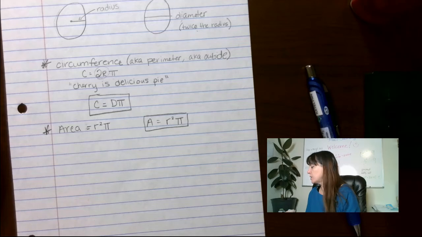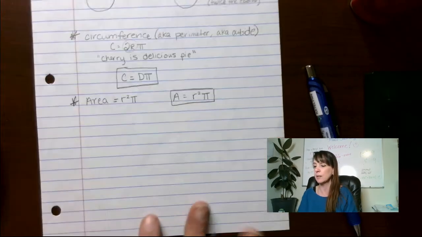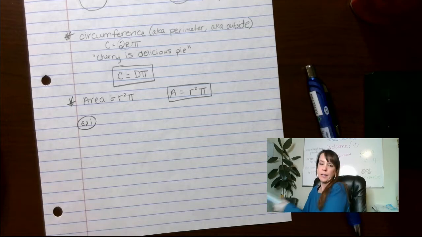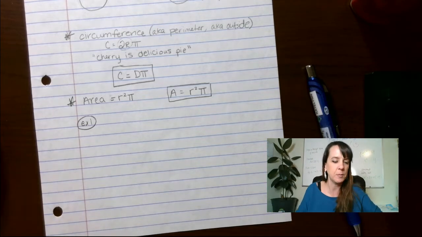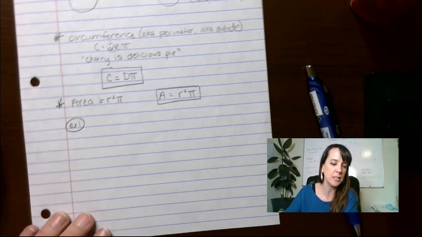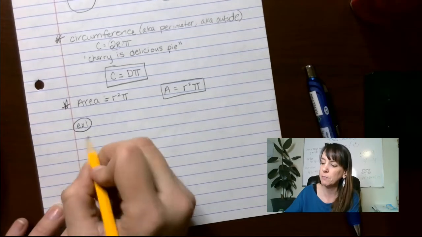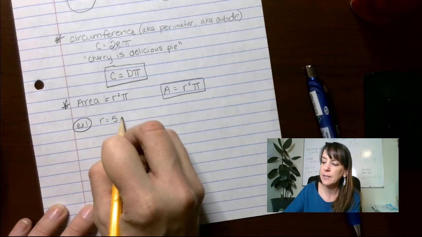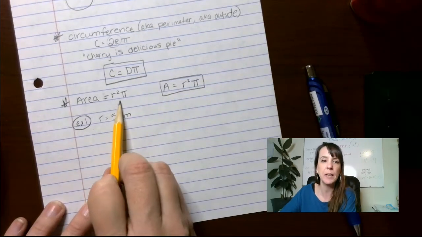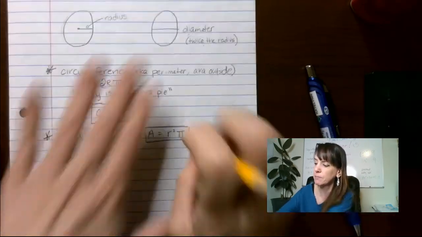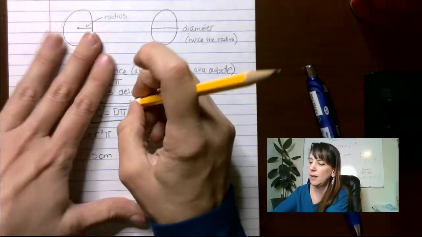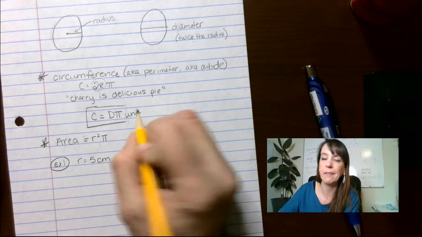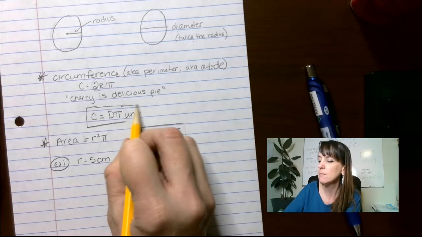All right, so we're gonna launch into some examples here. Example number 1 says, the radius of a circle is 5 centimeters. What is the circumference? Radius equals 5 centimeters. When we come back up here to units, circumference is units, AKA feet, inches, centimeters, whatever.